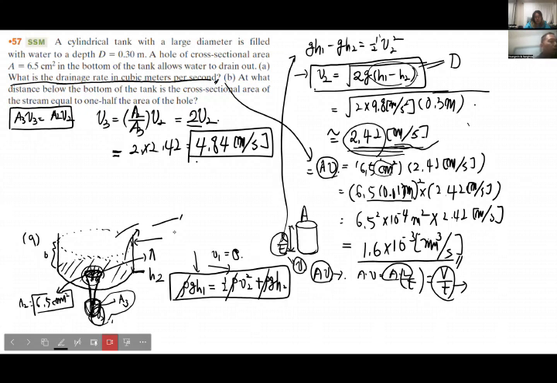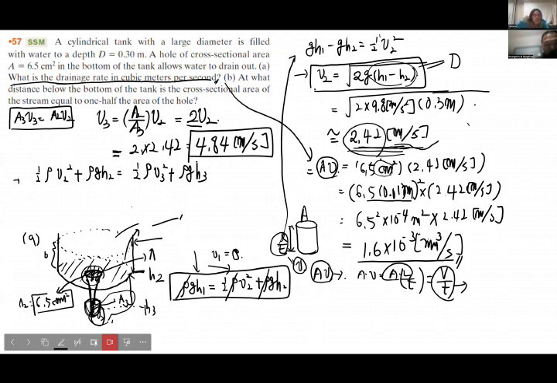Water is in free fall, and we need to find out how far it has fallen when its speed is double, 4.84 meter per second. So that height can also be given by the Bernoulli equation: 1/2 rho V2 squared plus rho g H2 is the same as 1/2 rho V3 squared plus rho g H3.